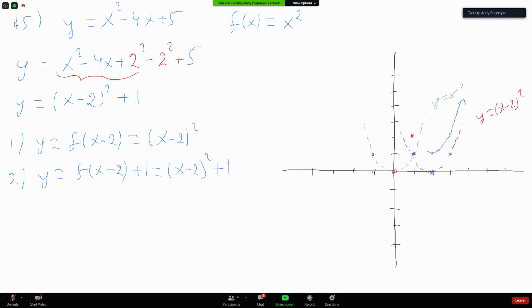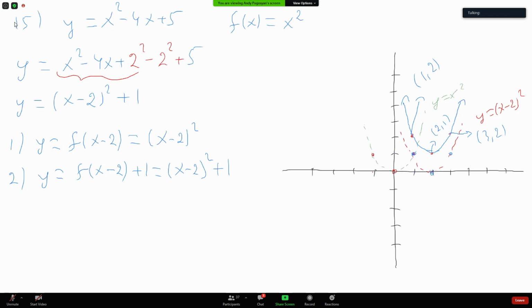This should be your parabola. Now you have, this is 1, 2. This one is 2, 1. And this one is 3, 2.